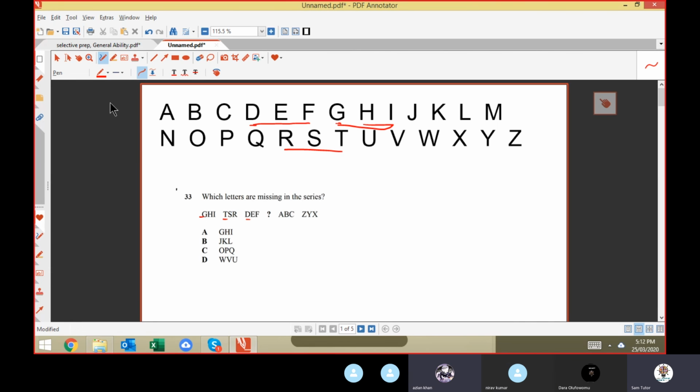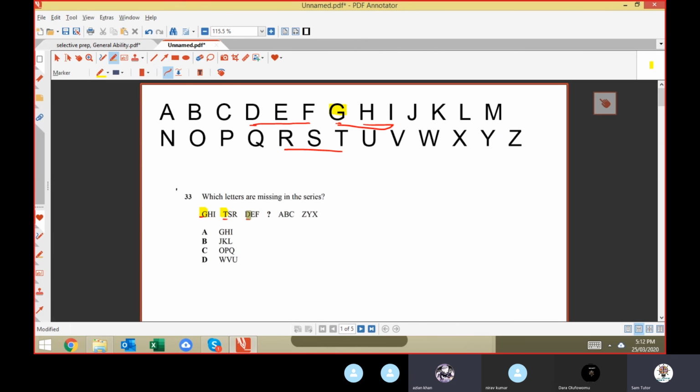Well, this is what I see. I see G. So you're right, they are in order. G is the seventh letter from the front. So A, B, 1, 2, 3, 4, 5, 6, 7. T is 7 from the back.